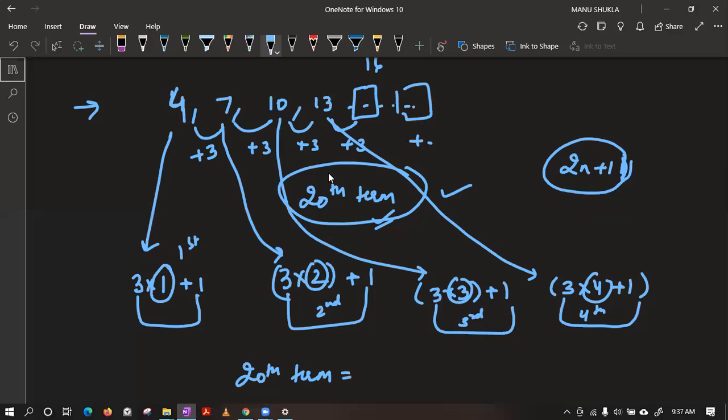Now it is very easy for us. It is 3 into 20 plus 1, that is 61. So you can see how easy it becomes if we try to generalize it. This is known as generalizing, making a formula in which you just put the value and get the answer.